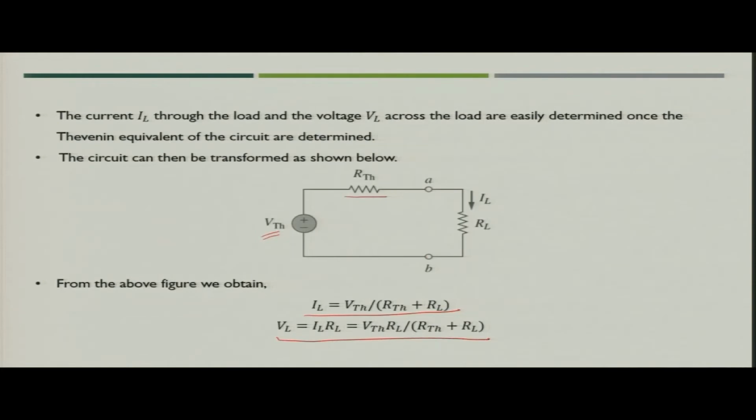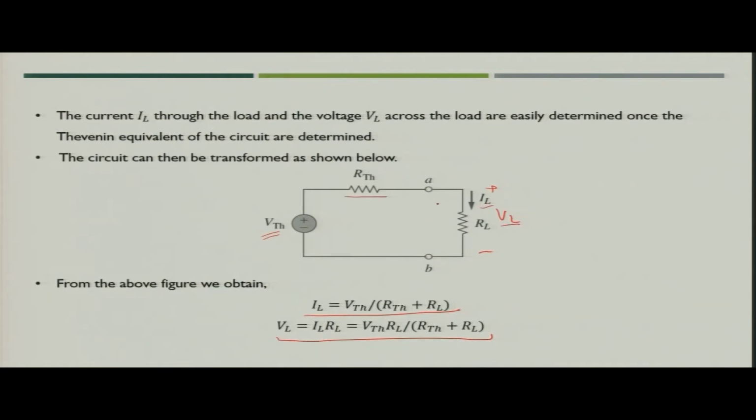Now, the voltage across the load, that is VL in this case, would be IL into RL, and you will simply get VL as VTH into RL divided by RTH plus RL. So, when you get the values of RTH and VTH, you can easily find the variables across the load, that is voltage and current.